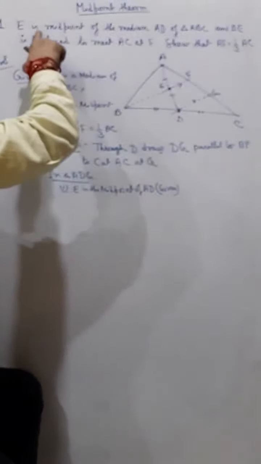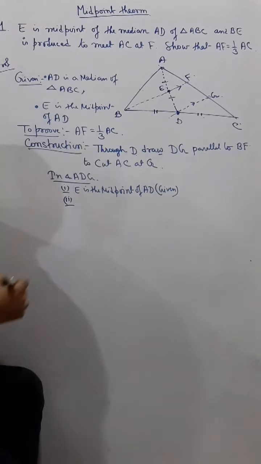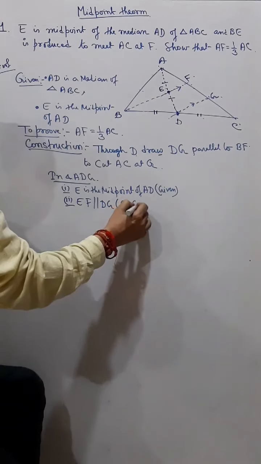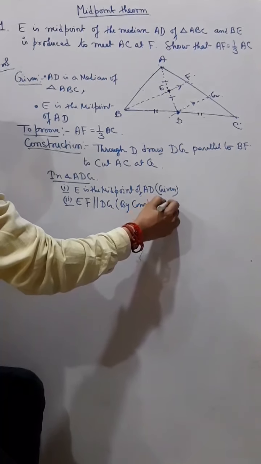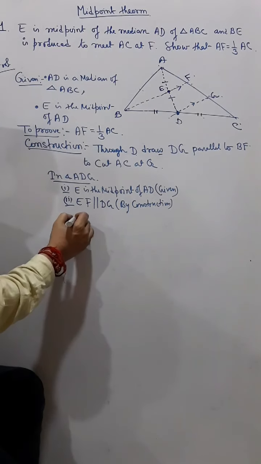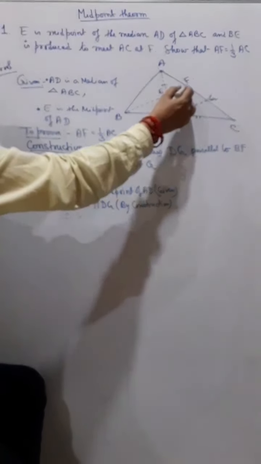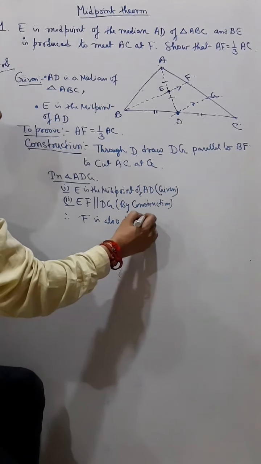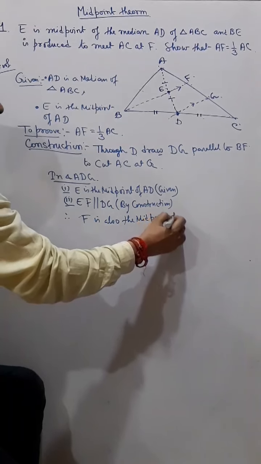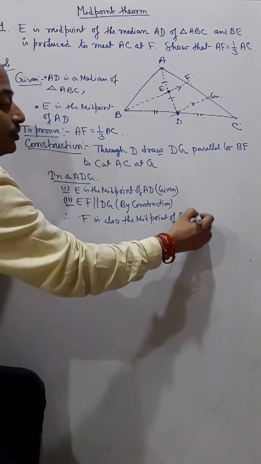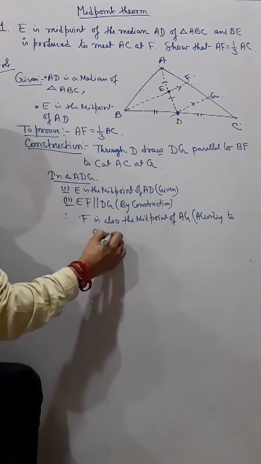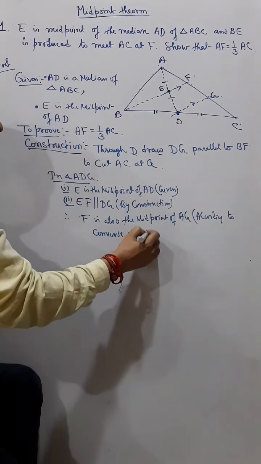Number 2, EF is parallel to DG, that is by construction, and therefore F is also the midpoint of AG, according to the converse of the midpoint theorem.